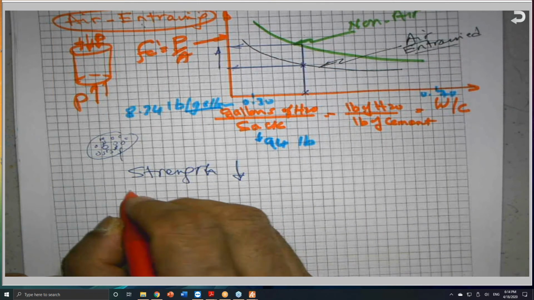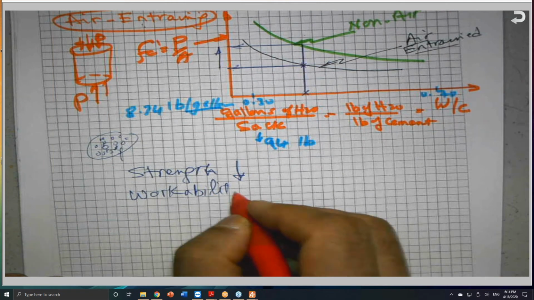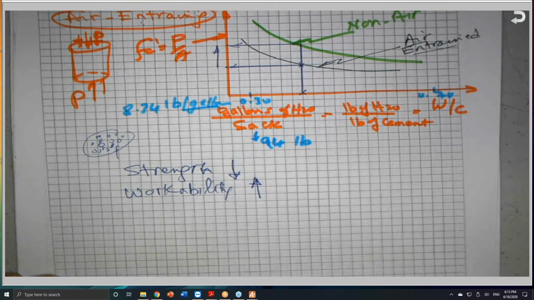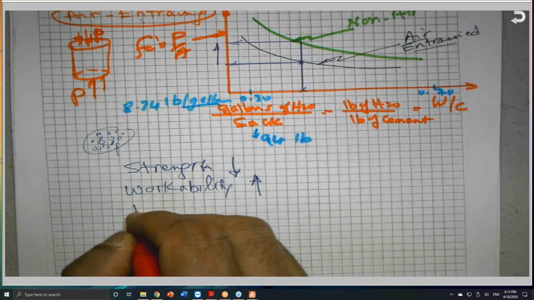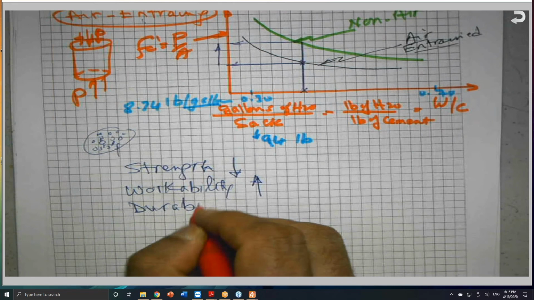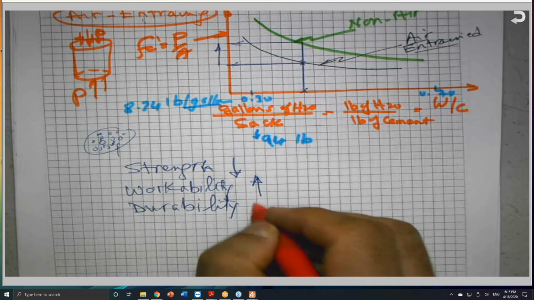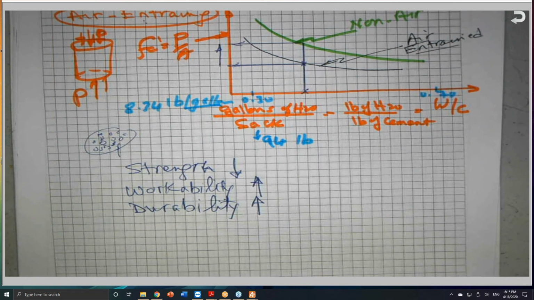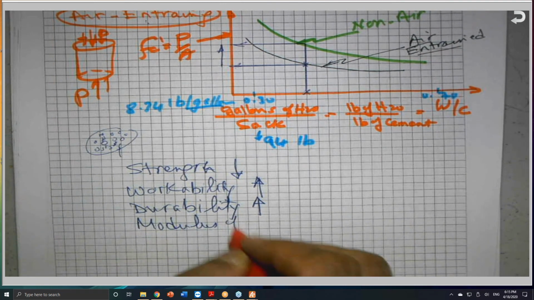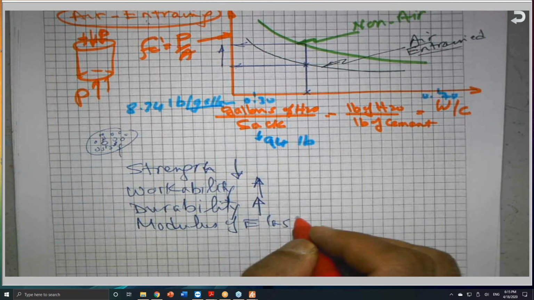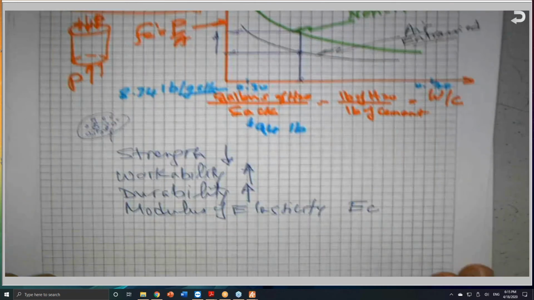But workability will go up, it will be more workable because these air bubbles act like a ball bearing. Durability, which is the resistance to loads and environmental conditions, will go up. Modulus of elasticity, which is E sub C, will go down.